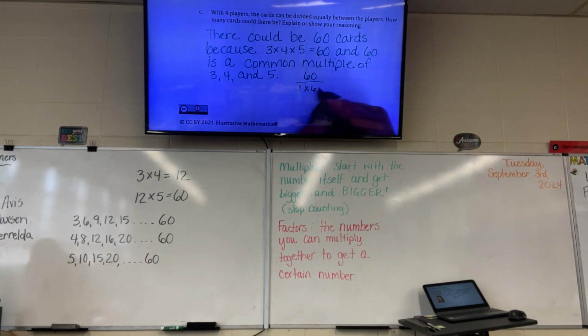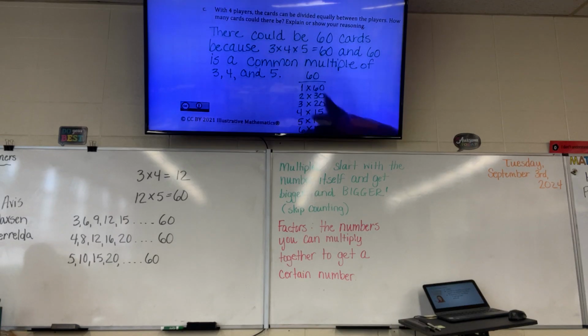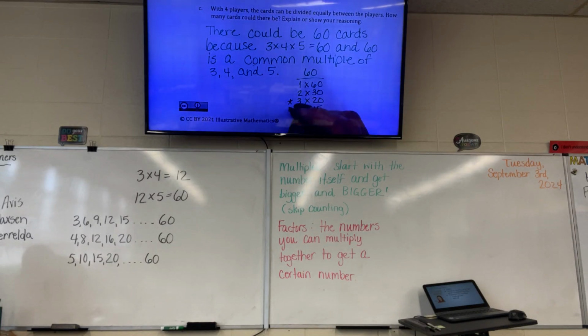Start with 1 times 60, 2 times 30, 3 times 20, 4 times 15, 5 times 12, and 6 times 10. So right there on the factor list for 60, do you see a 3, a 4, and a 5?